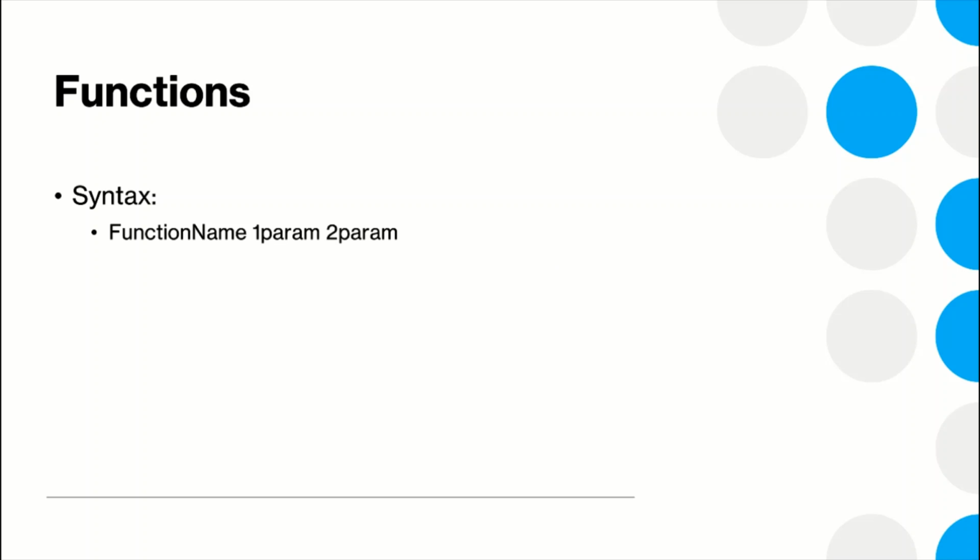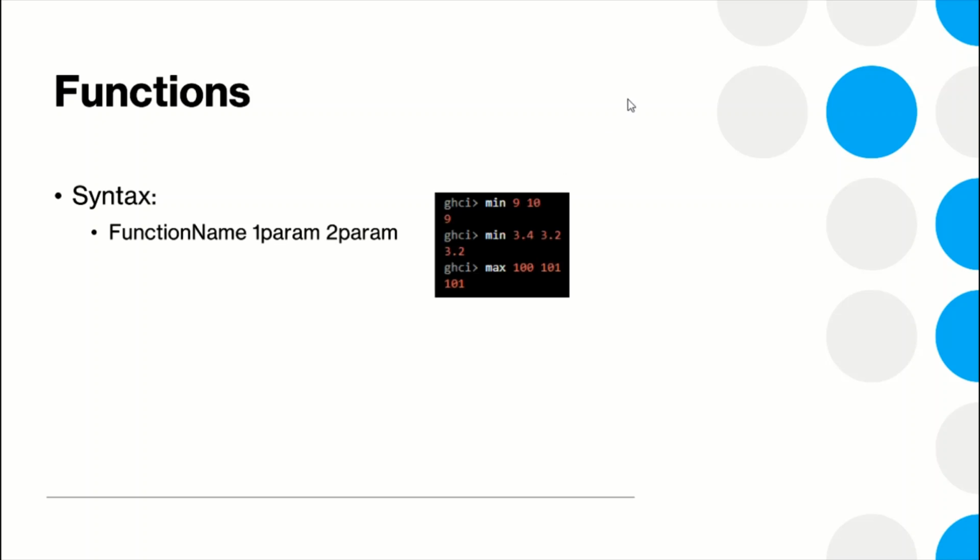Then we have the functions. The syntax is like this. We give the function name and the name of the parameters. It's like the image. We have the function name, in this case min, the two parameters that are 9 and 10, and this function gives us the minimum value of the two numbers.